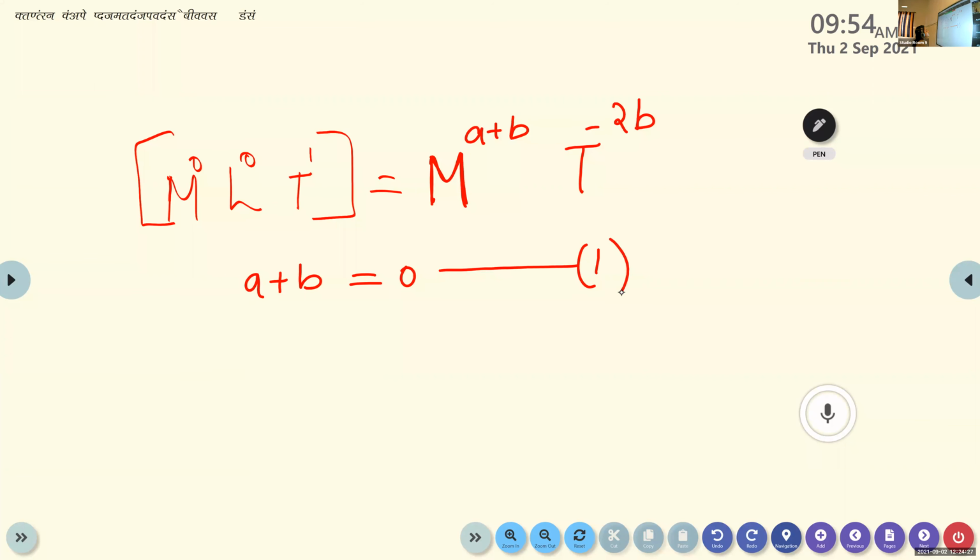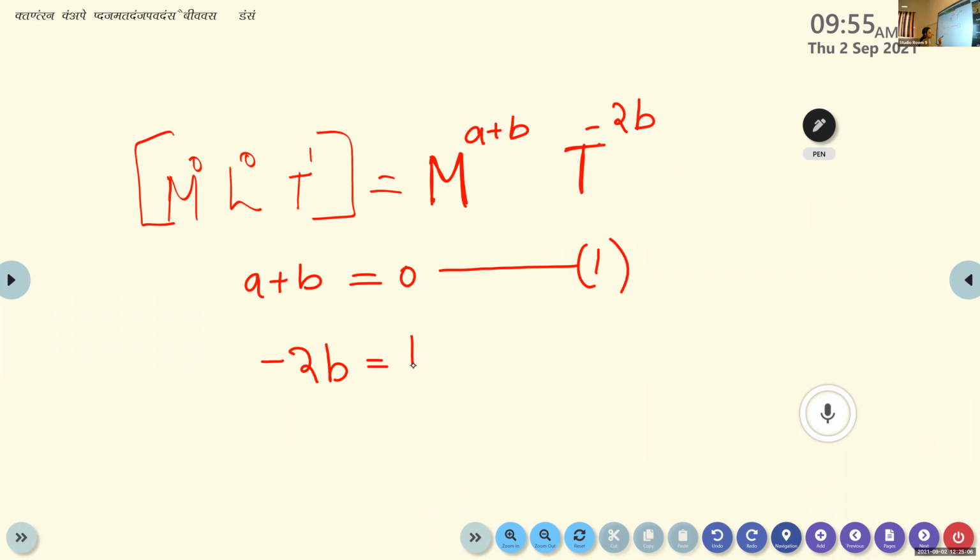Now, equating the exponents of L: in the RHS there is no term with L, so we don't need to equate L. The next one is T. Equating the exponents of T from both sides, the exponent of T on the RHS is minus 2B, and on the LHS it is 1.